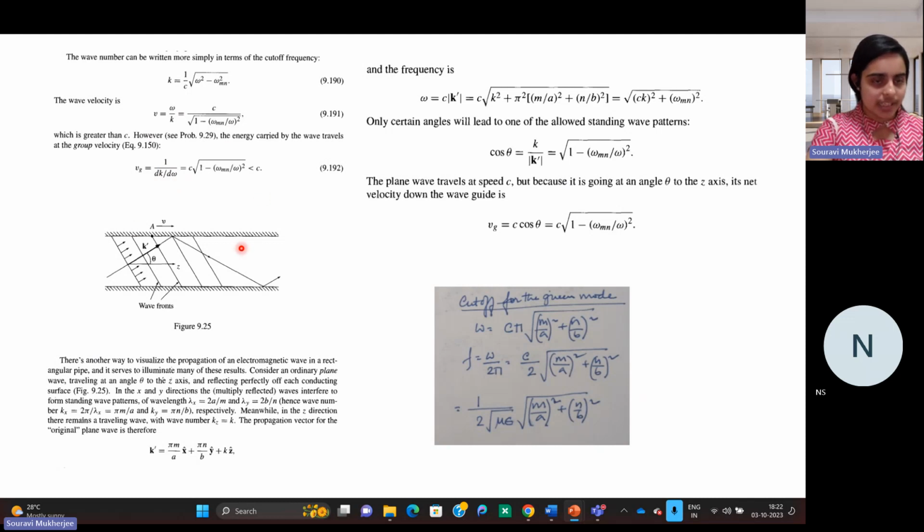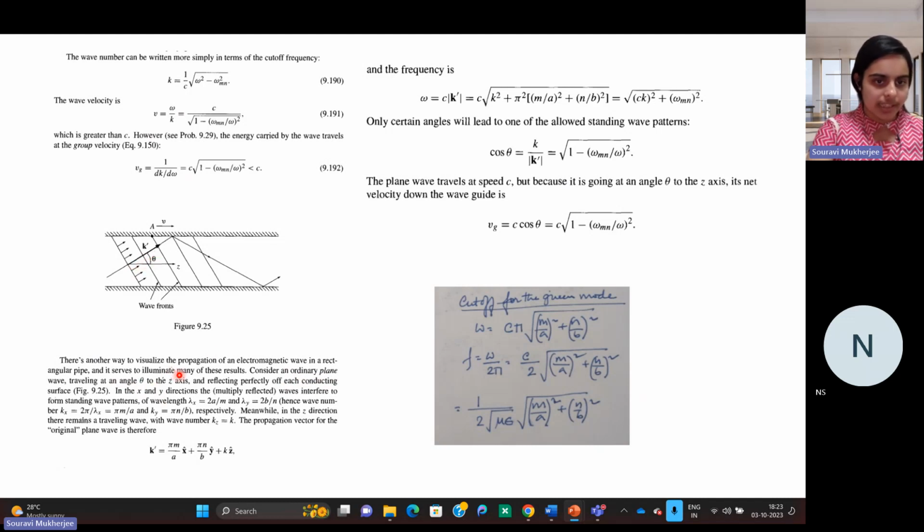Okay. Now this entire thing can be visualized in another way, where you say that the propagation of an electromagnetic wave in a rectangular pipe comes from the same concept as total internal reflection, like light reflecting through mediums bounded by a slightly rarer medium. Consider an ordinary plane wave traveling at some particular angle theta, which defines your wave number.